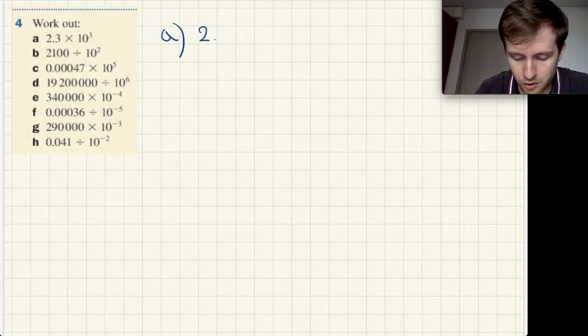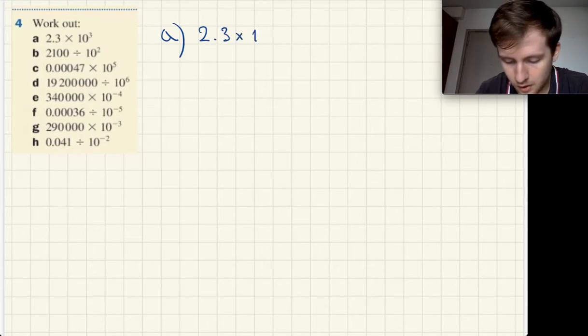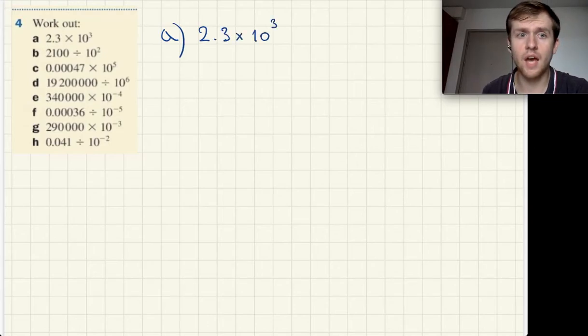So 2.3 times 10 to the power of 3. Here we have to understand what 10 to the power of 3 is.